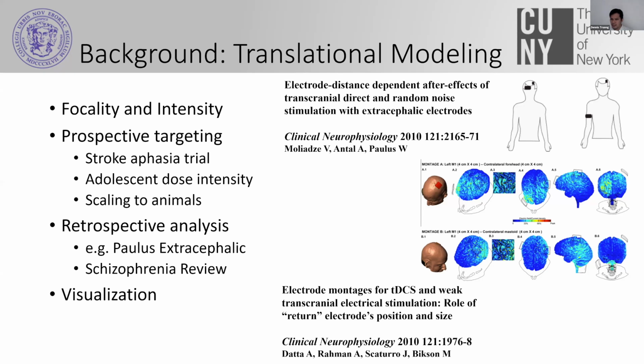The MEPs that were being produced by extracephalic stimulation versus an M1-SO montage didn't seem to go with the conventional thinking that maybe moving the electrodes apart would increase current. So we modeled it, and we were able to see that there's a change in electric field induced when you move these electrodes off the head.